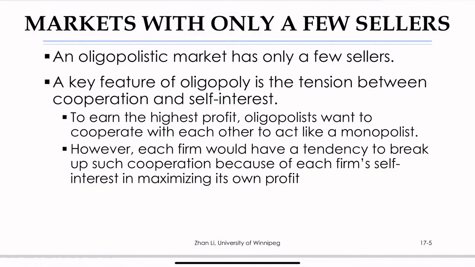So A and B should cooperate and act like a monopolist in determining their production and price. However, you'll see later that even if A and B understand this, both A and B will actually have a tendency to deviate, to betray each other. This is because of their self-interest in maximizing their own profit.